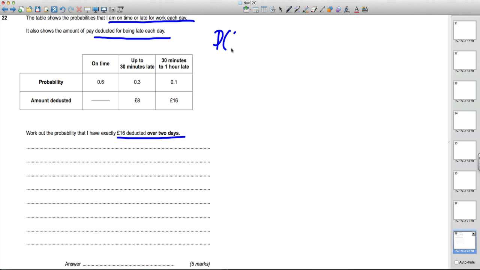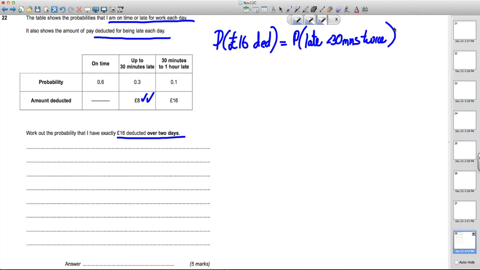Well, there are two cases: the probability that I'm late less than 30 mins twice, because I'd get £8 deducted each day, which would add up to 16, or that I'm late more than 30 mins one day.